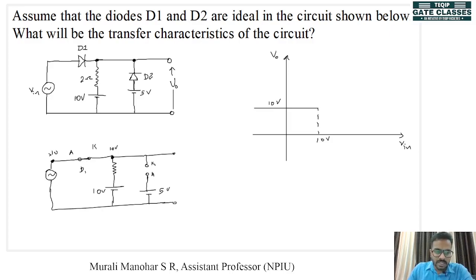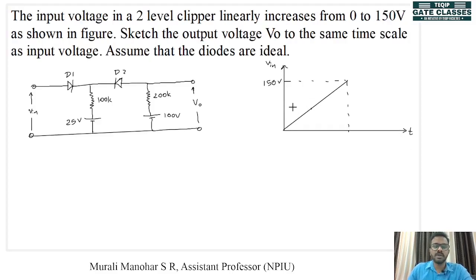So when this diode is turned on, what is the output? Output is now directly connected to the input. So output and input will have a linear relationship with a slope equal to 1. When input is beyond 10 volt, output is going to be the same as input, and below 10 volt, output is clamped to 10 volt. Okay, clear?